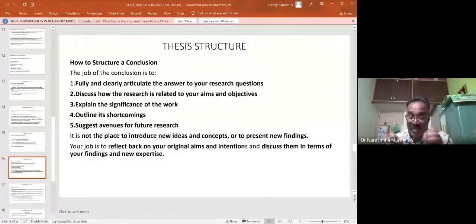Your mind will be blown. Just discuss the aims and objectives of your research in terms of your findings and new expertise. That's all. This is how you should structure a conclusion.